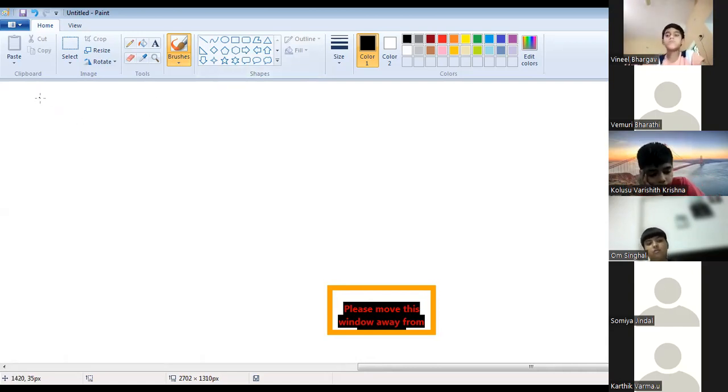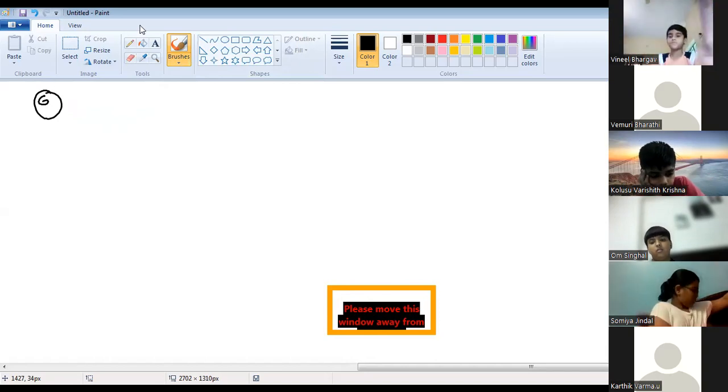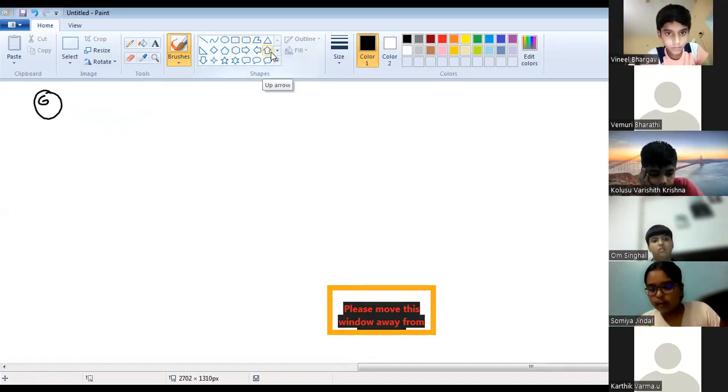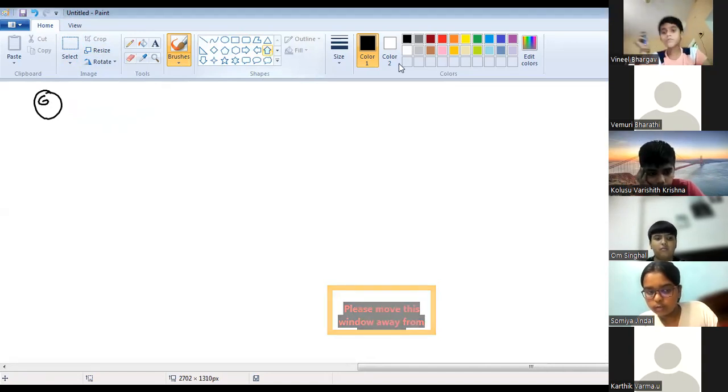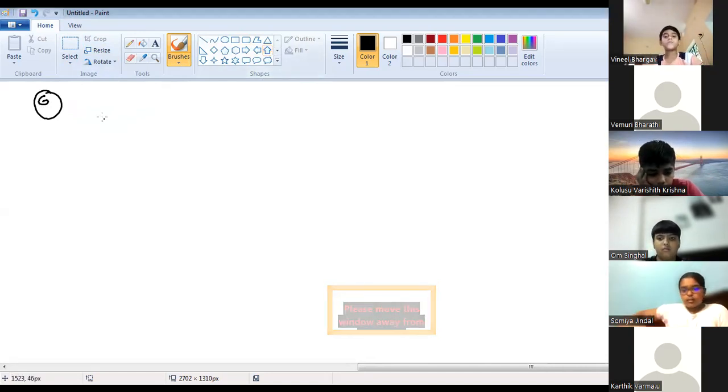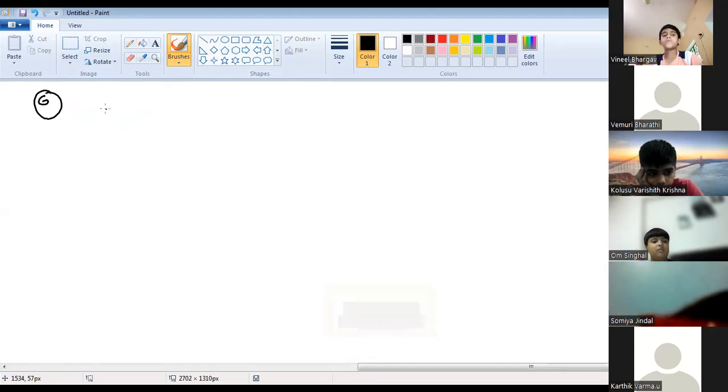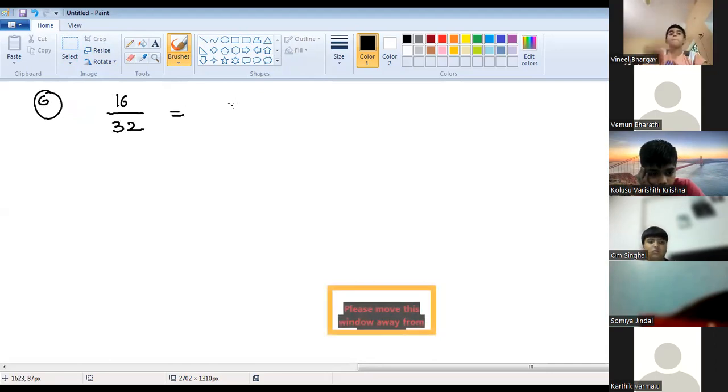Next one, coming to question number 6. Who is for question number 6? Karthik Verma. Question number 6 for Karthik Verma. Karthik, 16 divided by 32 is equal to 2 divided by the denominator, question mark.